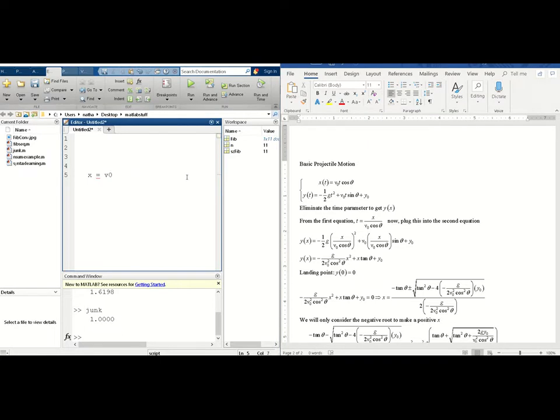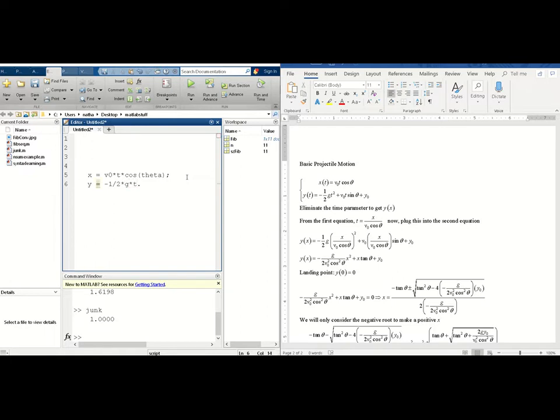So we want V naught times time times the cosine of theta. Let's see if it works like this. And then y equals negative 1/2 times g times t squared.